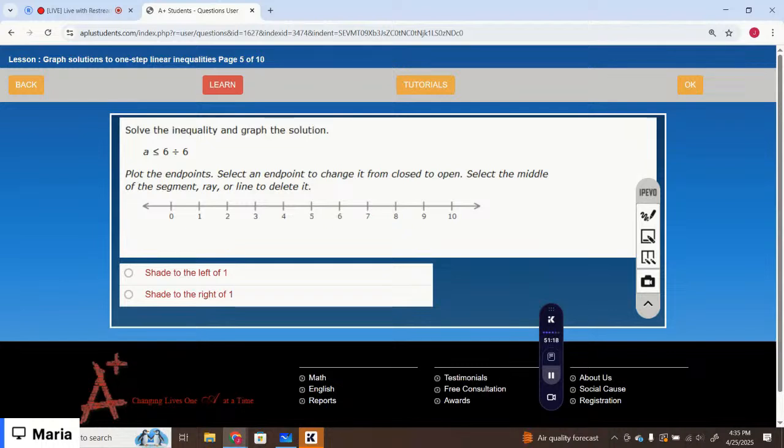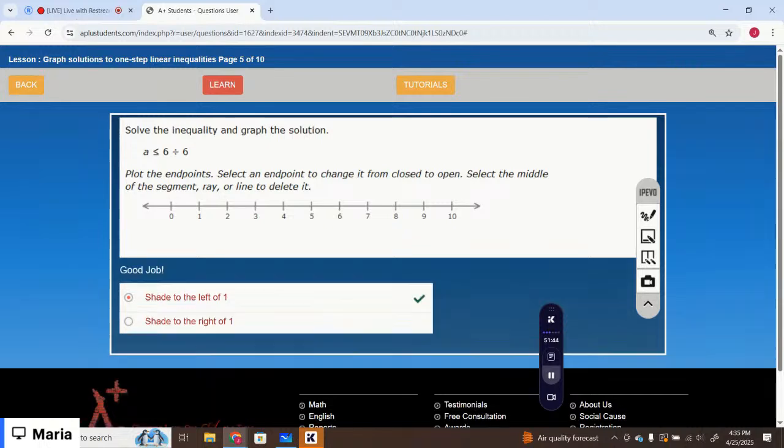Solve the inequality and graph the solution. A is less than or equal to 6 divided by 6. That is shade to the left of 1. Option number 1 is the correct option.